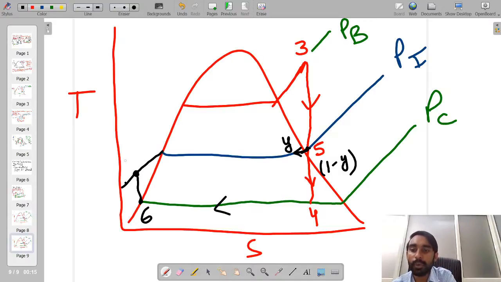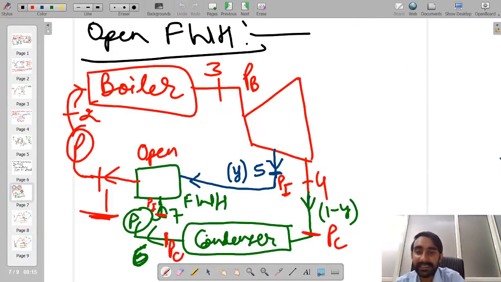So this is our point number 7. After that what we have done, if you see this diagram, now the state at point number 5 and state at point number 7 are mixed inside a heater, and both of these have given us output thermodynamic state of nothing but state number 1.